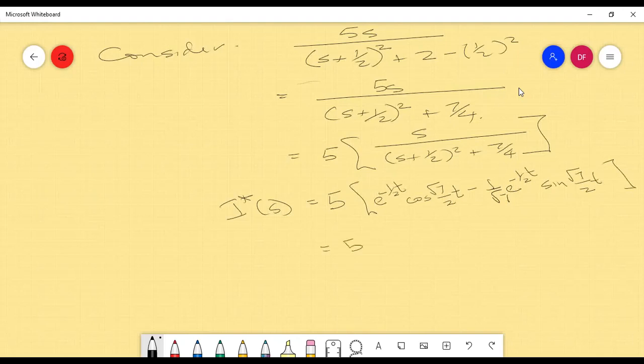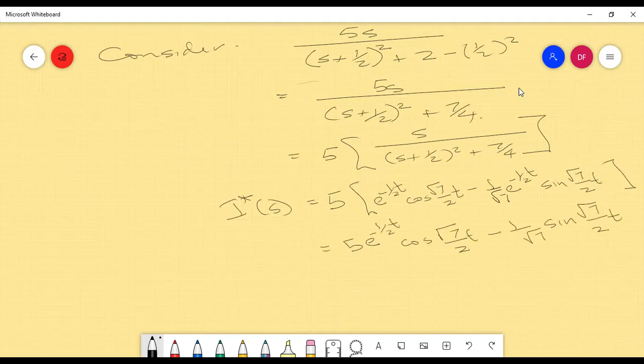So that is 5 e to the minus a half t, cosine root 7 over 2t minus 1 over root 7 sine root 7 over 2t.